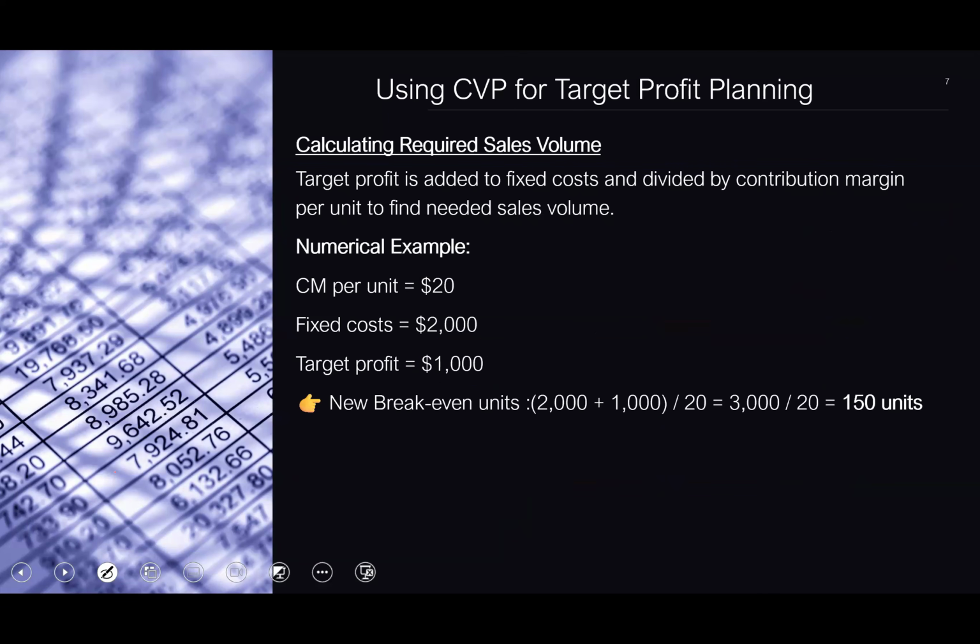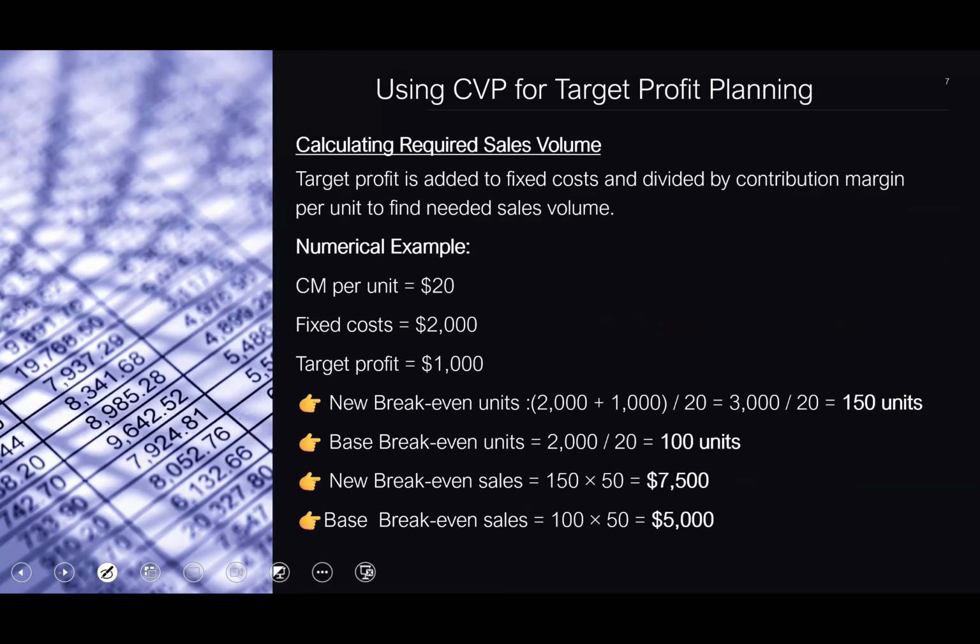So CVP is useful in telling companies that if I have a target of income or profit, I would be able to use this analysis to figure this out. So your break-even point in comparison has gone up. You can also calculate this, both these numbers, for break-even sales.